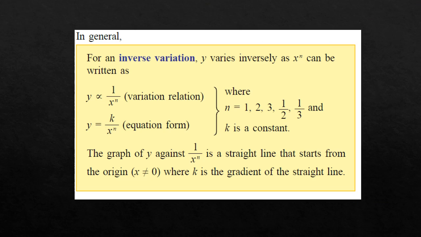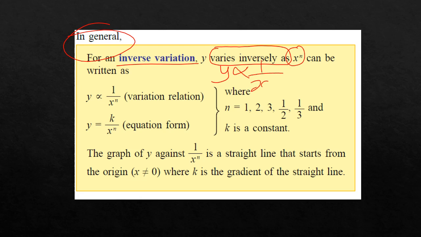So in general, for inverse variation, y varies inversely as x power n, can be written as this. This is in a variation relation, and then you can change it into an equation, you just put k on top.